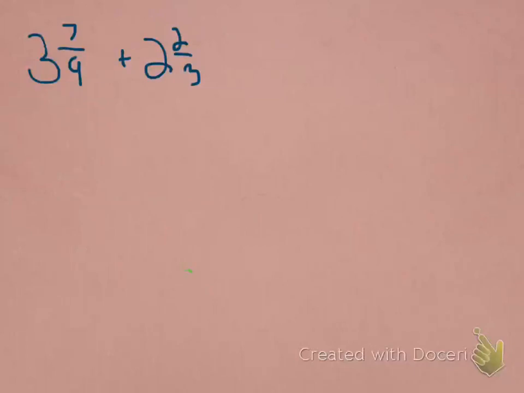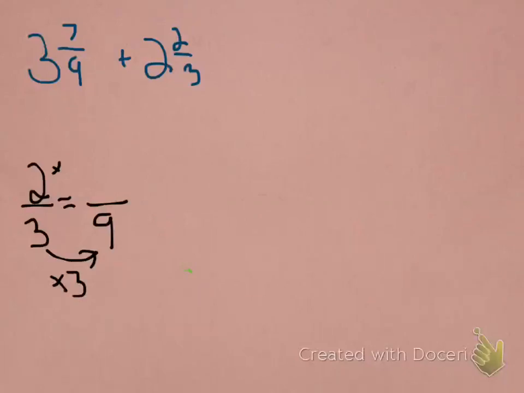Now 7/9 already has 9 as a denominator. I don't need to change that. I just need to change the 2/3 of the 2 and 2/3. So 2/3 needs to have 9 as the denominator, so we can add it to the other one. Do-do rule, 3 times 3 will get us to 9. We do the same times 3 to the top, and we see that 2/3 is the same as 6/9.